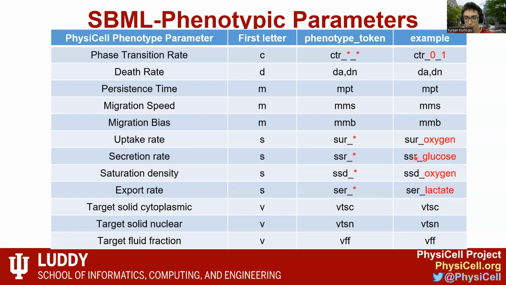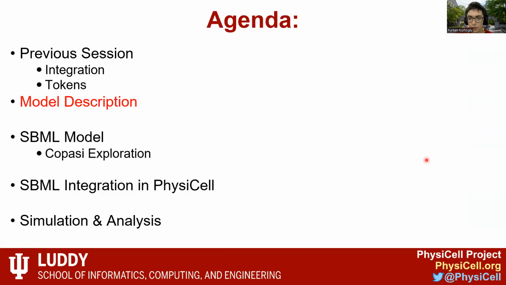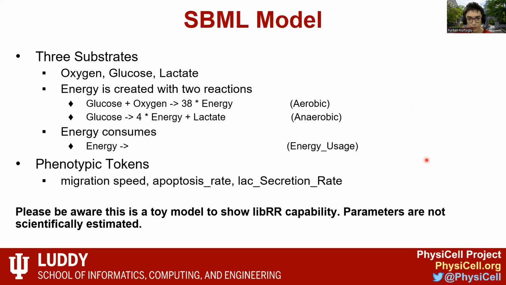Those need to be specified in the token. For example, we can change the substrate uptake rate of oxygen using the SUR token.